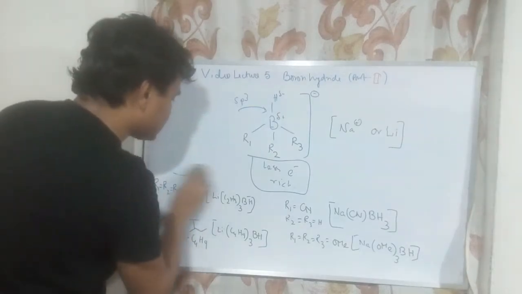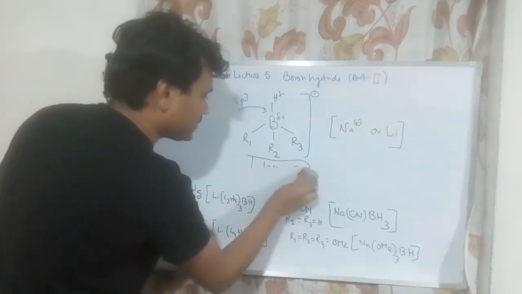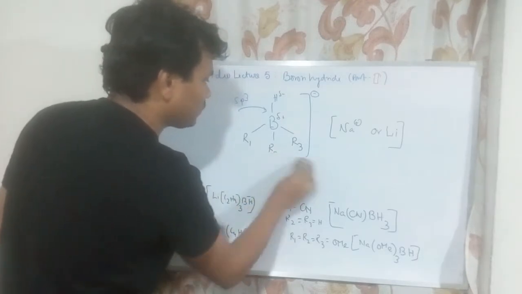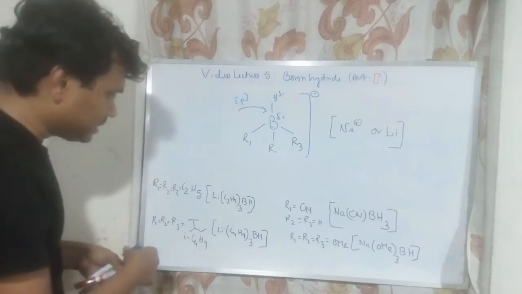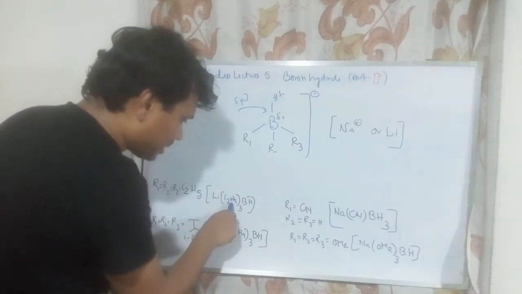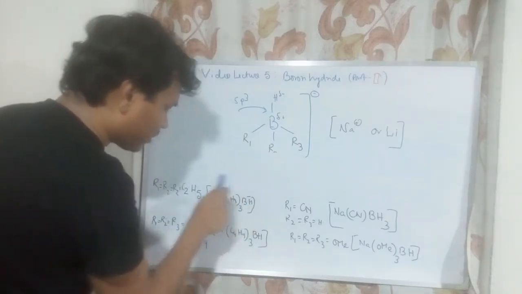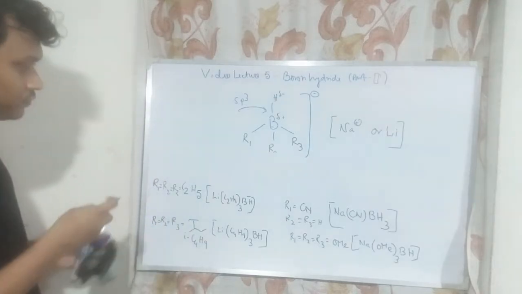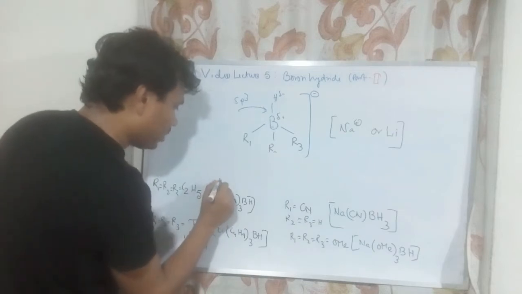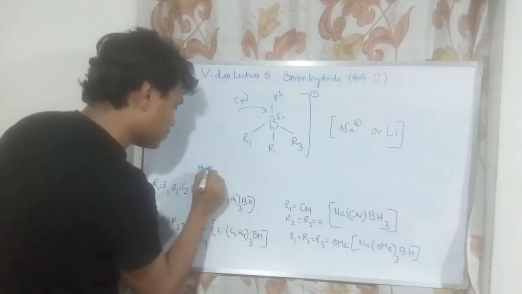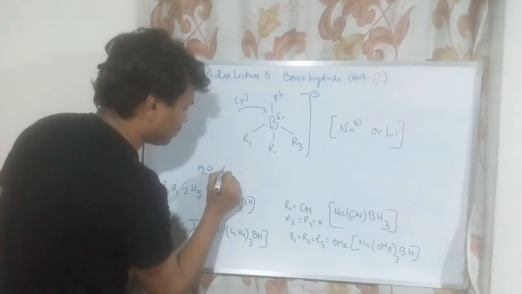So right now we will check the reactivity difference of at least one pair of these reagents. For example, let's consider this lithium triethylborohydride. This reagent is very much reactive and reacts violently with alcohol or moisture, water or alcohol.